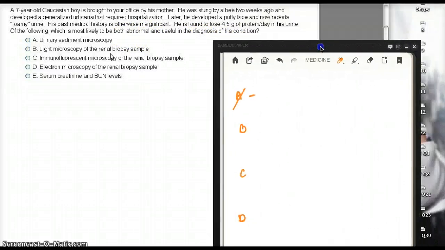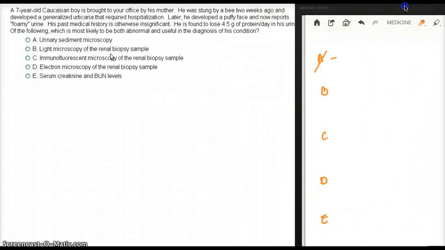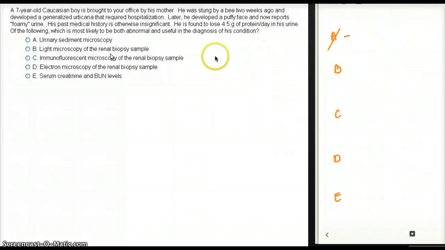Sometimes I even forget to read the question, so it's very important that we read the question. We have to find abnormal plus useful. Urinary sediment microscopy has no abnormal sedimentation and it's not useful to me. So that option is out.